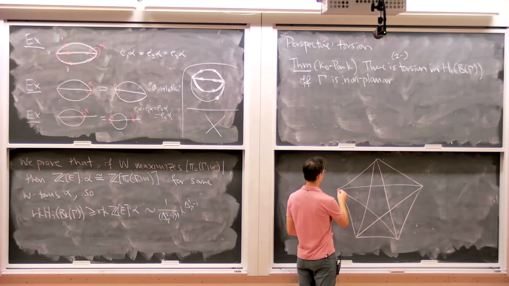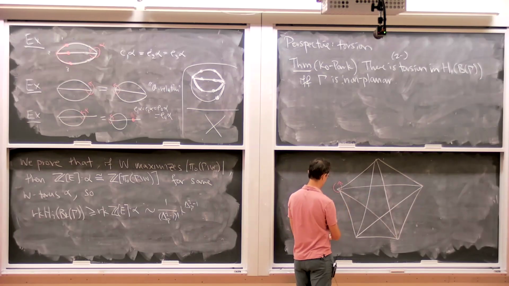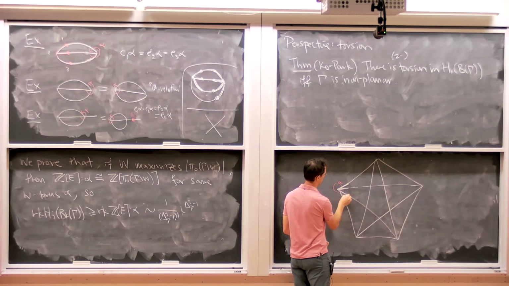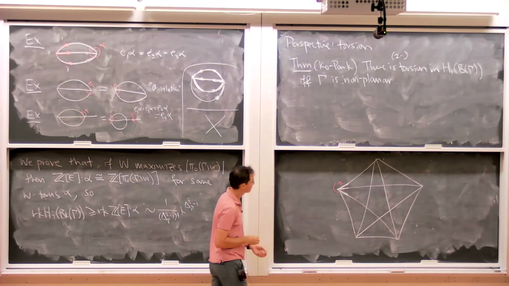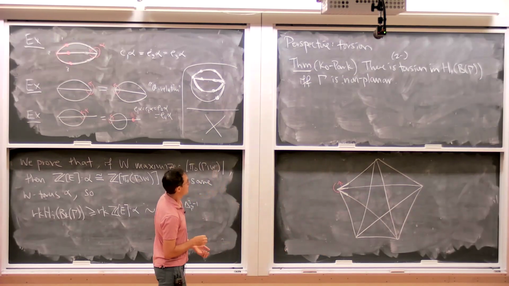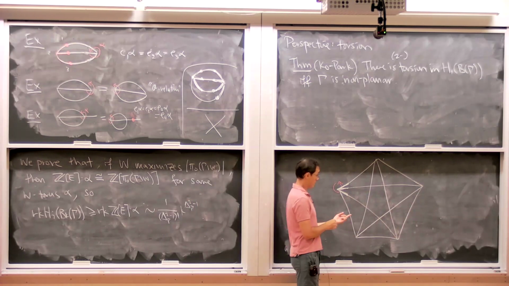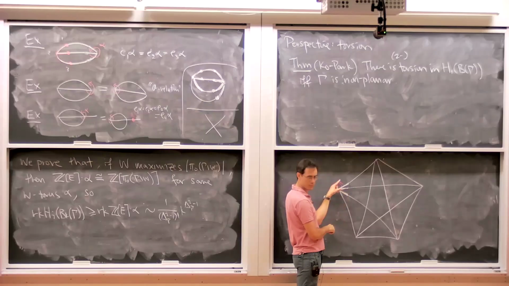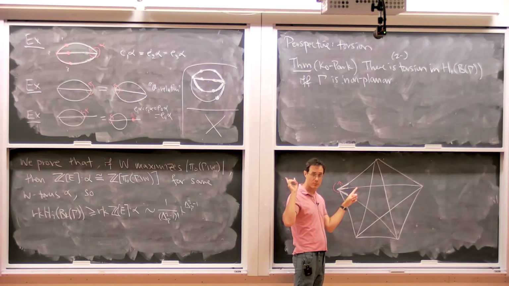So let's look at a star class at this vertex using these three edges. That one, and that one. I can extend this sort of small embedding of a star graph with three edges to an embedded subdivision of the theta graph that we've been talking about.